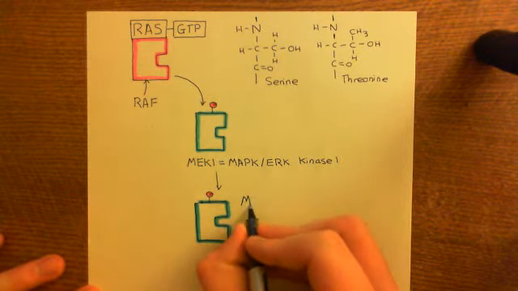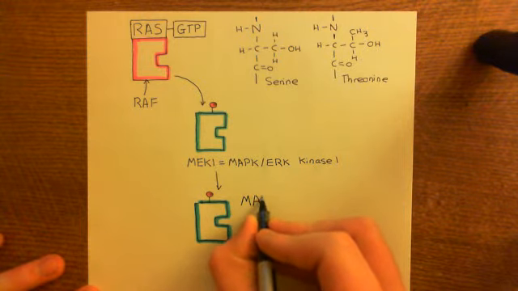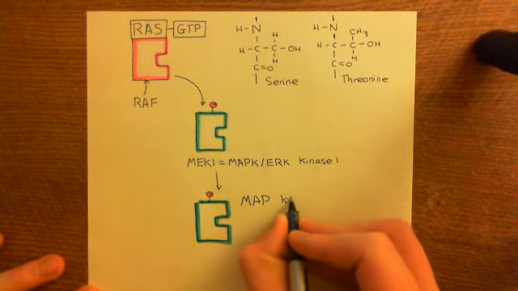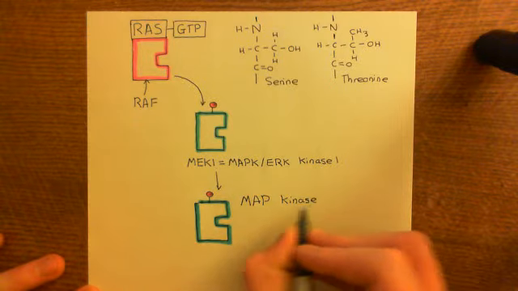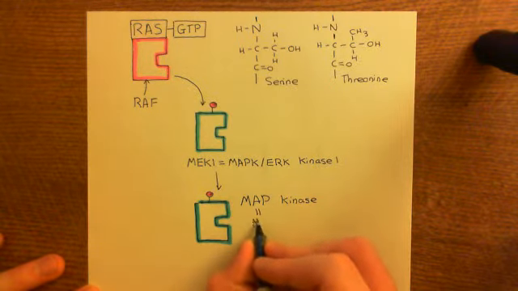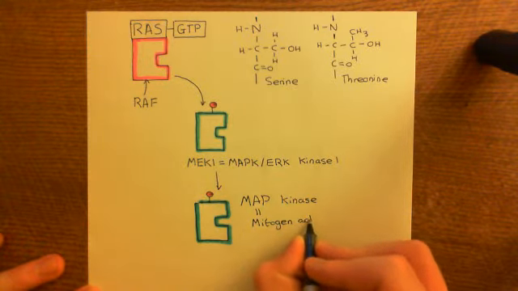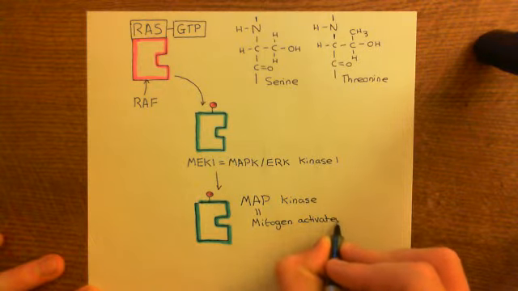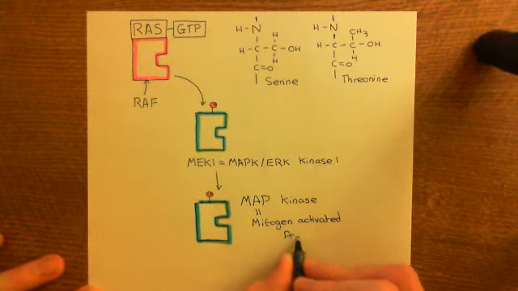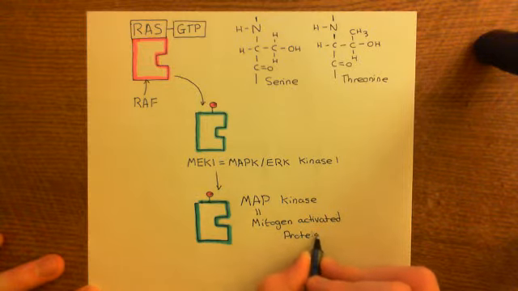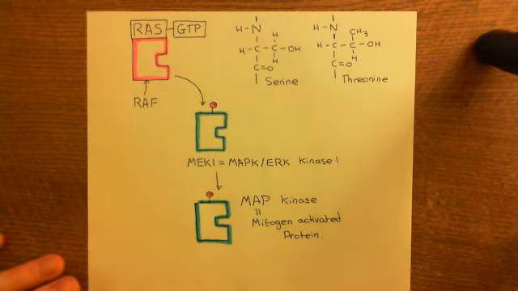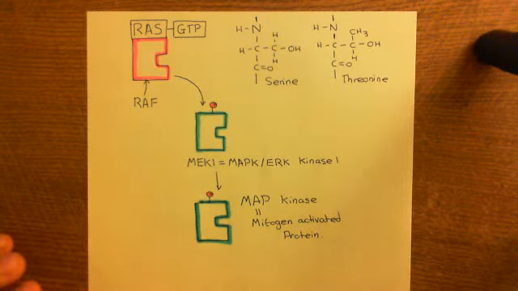It's what is known as MAP kinase, and this stands in full for mitogen activated protein kinase. It can also stand for microtubule associated protein kinase, but we'll think of it as the mitogen activated protein kinase.